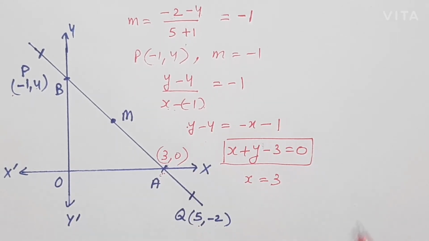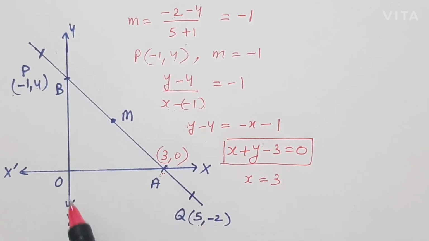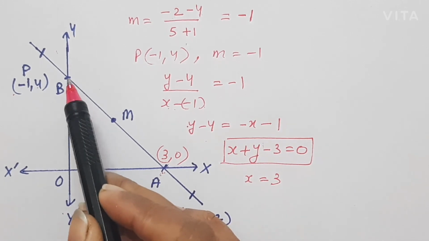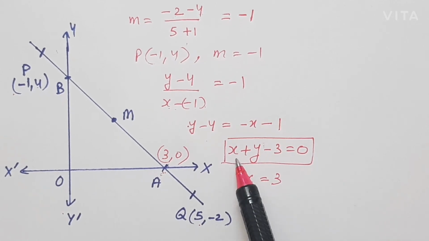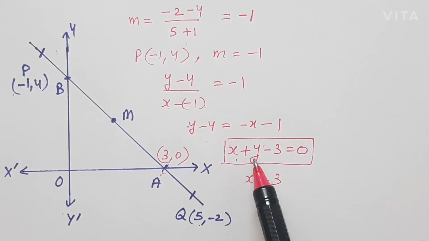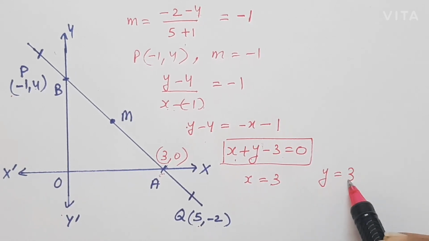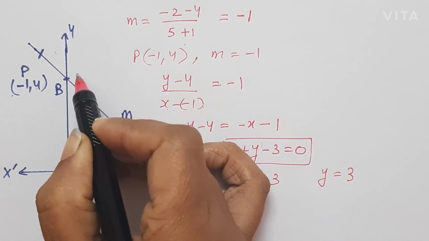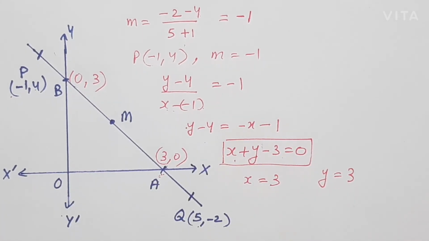Clear? Similarly, point B is lying on the y-axis. That means here x is 0. So let us put x equal to 0 in the same equation. We will get y equal to 3. So therefore, the coordinates of B are (0, 3). I hope it is clear to everyone.